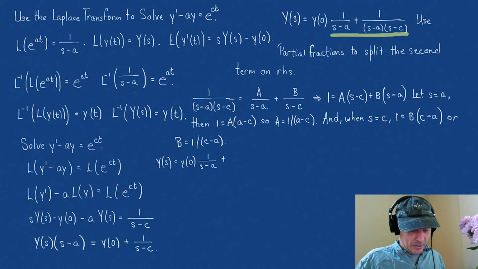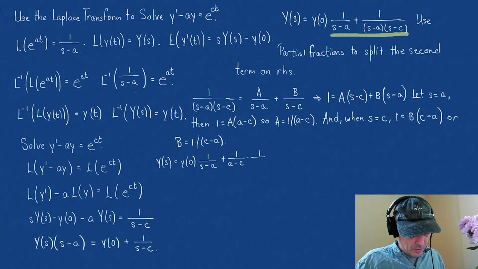Well, capital A is 1 over a minus c, so 1 over a minus c times 1 over s minus a plus, and then the B over s minus c, well, B we found out to be 1 over c minus a, so 1 over c minus a times 1 over s minus c.